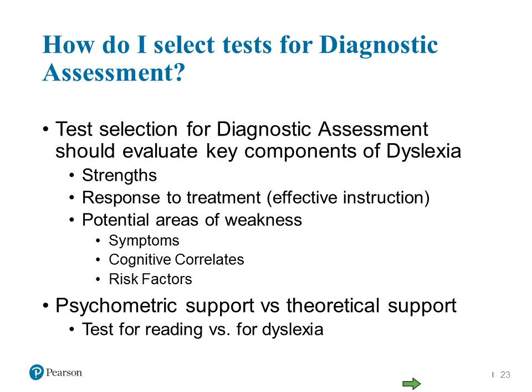Moving into the diagnostic process, we have to evaluate several key components, thinking about psychometric versus theoretical support, testing for reading versus testing for dyslexia. It's important that we realize the subtests included in both of these dyslexia index scores are reading tests, specifically for reading. How does this fit into dyslexia then?